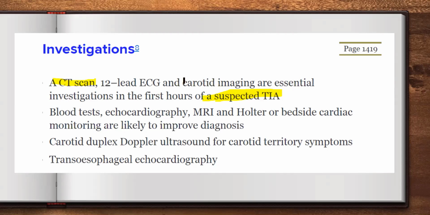In that case, where can amaurosis fugax usually come from? Most of the time it's carotid.